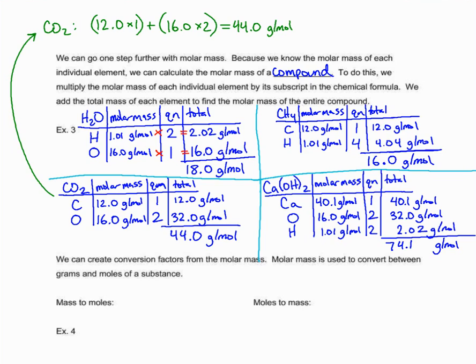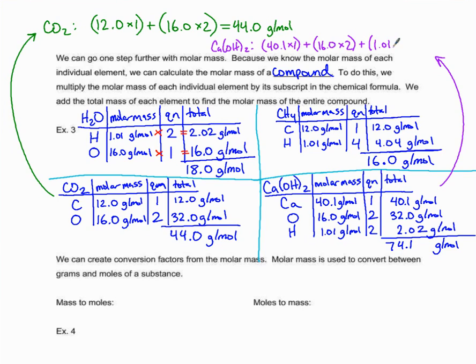To show you the same sort of quicker method for this one, here's what I would do, and I'll draw this one in, let's say purple. So I would say that calcium hydroxide, I know that calcium's molar mass is 40.1, and there's one of them, plus oxygen is 16.0, and there are two of them.